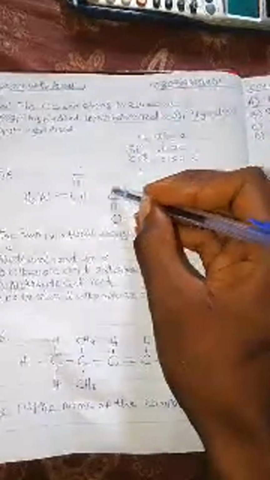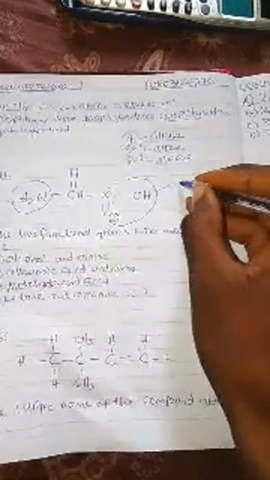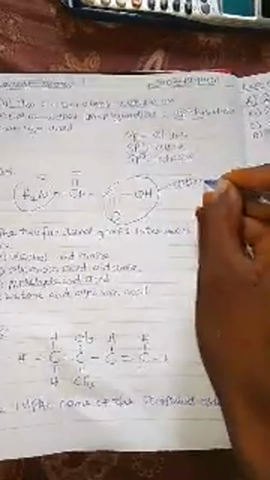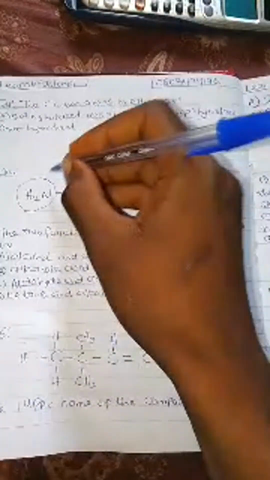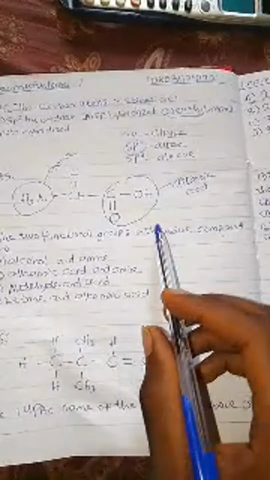So the two functional groups there are COOH and NH2. COOH is carboxylic acid, while NH2 is amine. So the two functional groups in the above compound are carboxylic acid and amine, which you can find in option B, which is the appropriate answer.